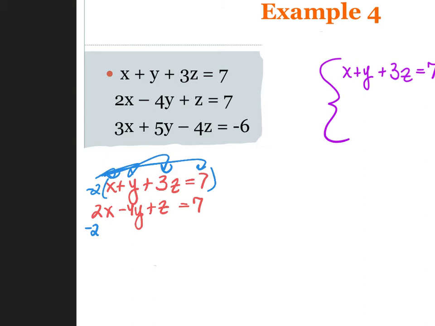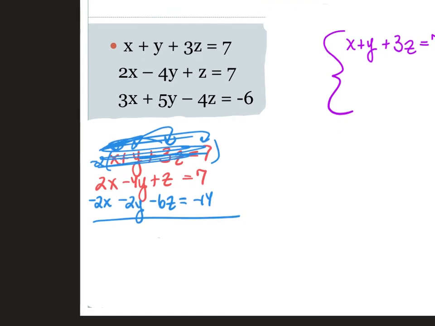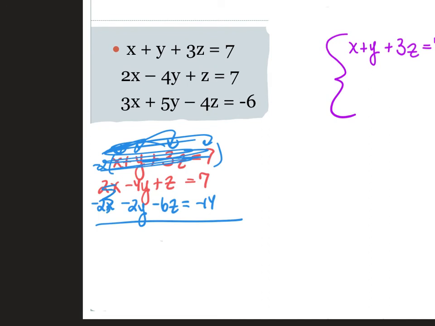So I have negative 2x minus 2y minus 6z equals negative 14. Agreed? Okay, combine. Positive 2x, negative 2x, nothing. Negative 4, negative 2, negative 6y.